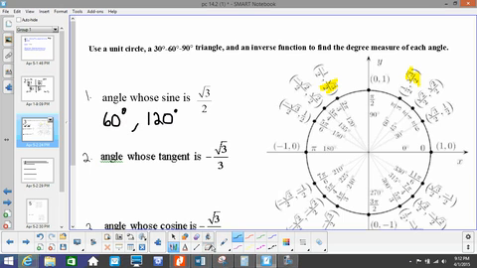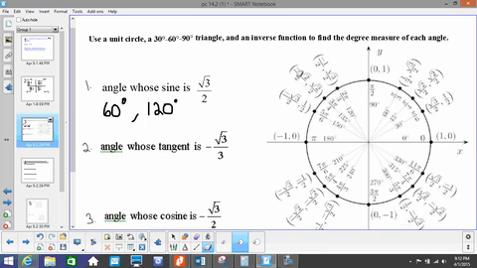For the next one, I want to find the tangent of negative radical 3 over 3. Well, automatically, I know I'm going to be either in quadrant 2 or 4. And sometimes on your unit circle, it helps if you have the radicals or the tangents marked off to the side by the ordered pairs. That way you don't have to figure it out every single time.